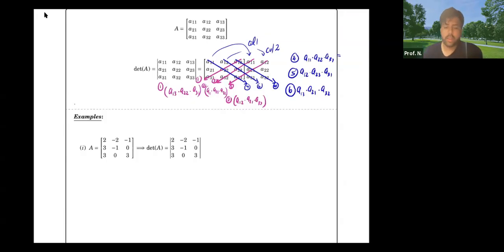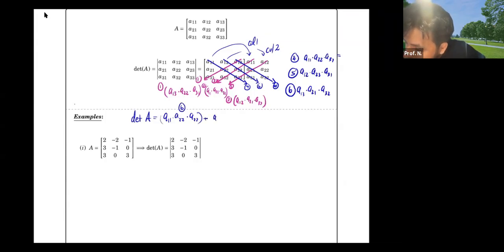You take those products together, and so the determinant of A actually becomes A11 times A23 times A22 times A33. You take that sixth product, you add it to the fifth product, A12 times A23 times A31. You add it to A13 times A21 times A32. And then you do this subtraction.